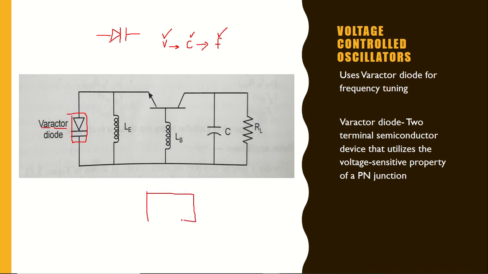Now how to achieve this change in capacitance? So we all know, let this be our diode. Our diode contains two terminals. This is the positive terminal, this is the negative terminal, and this is the depletion region where the holes and the electrons meet each other. Now we are going to connect this to a reverse bias. Only when this is given reverse bias can the capacitance of the varactor diode vary.